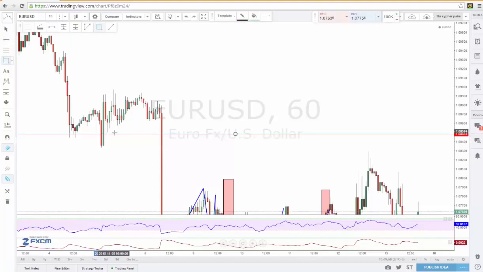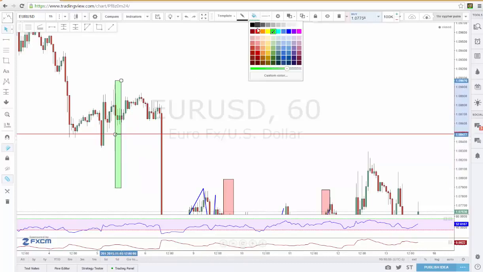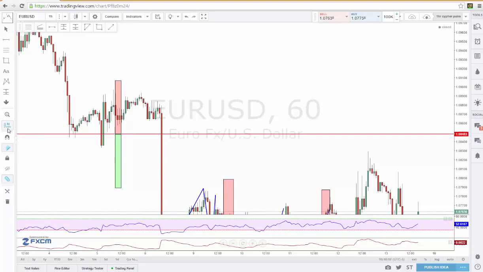Place our stops above here, 10 pips. Targets. And use our ruler tool, excuse me.